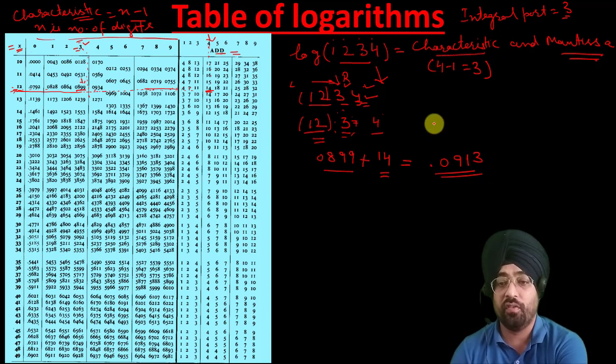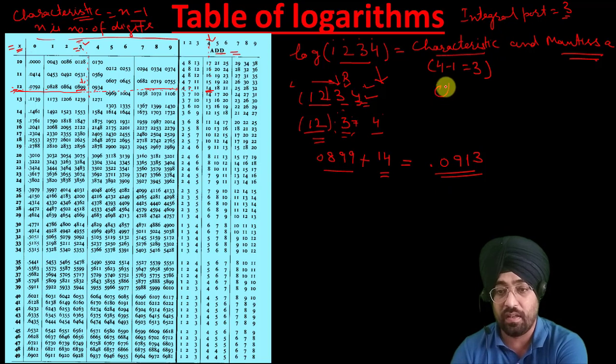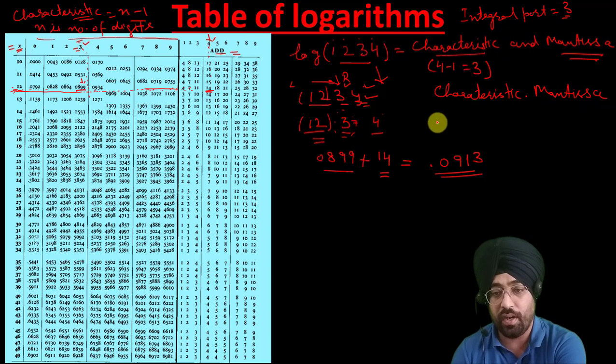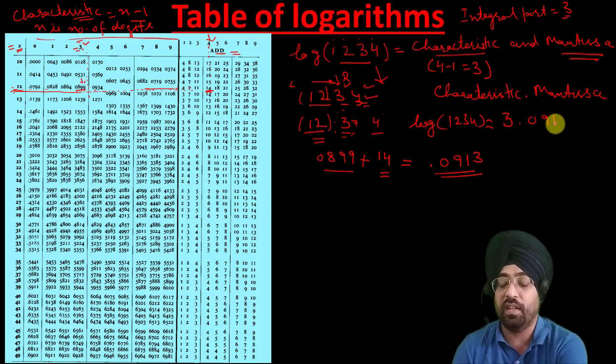Now the value of log will be your characteristic point mantissa. So log 1234 will be, its characteristic was 3, so 3.0913.